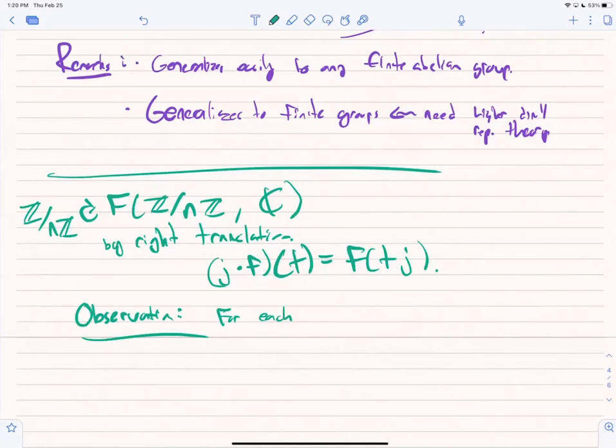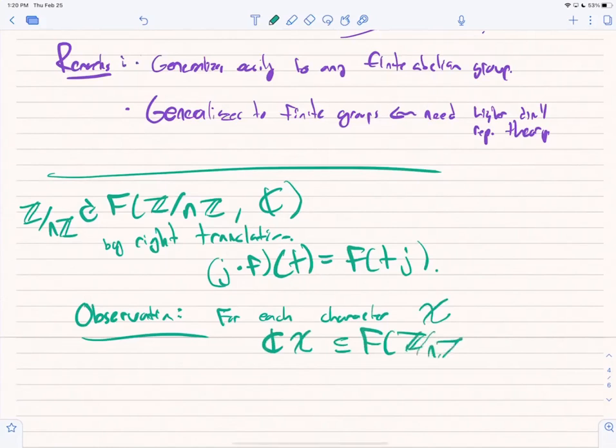So for each character, I'll just put chi. The span of C times chi, the one-dimensional subspace spanned by chi, contained in the space of functions on Z mod NZ, is preserved by the group action.